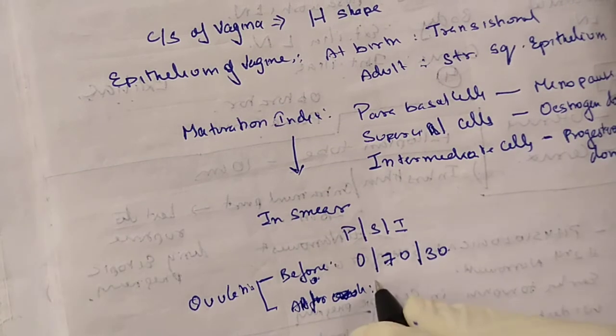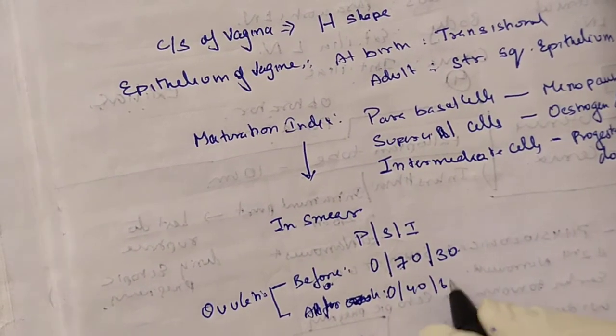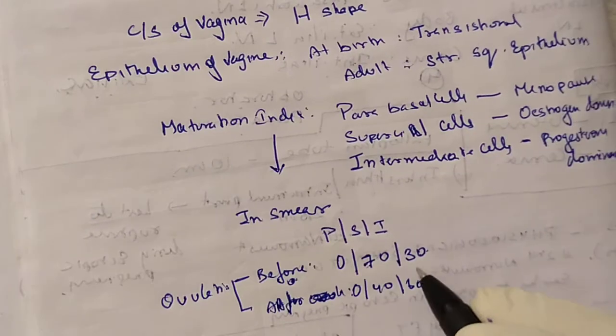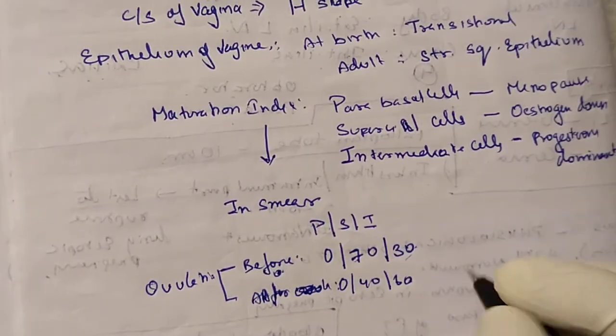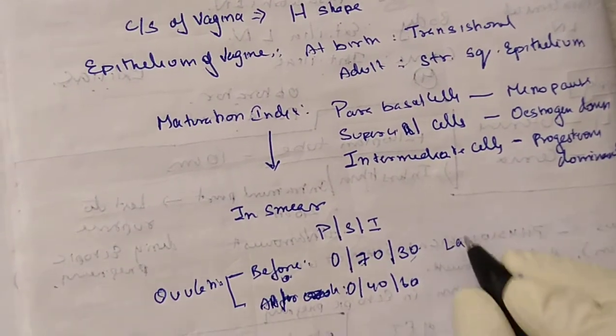So after ovulation it is 0, it is 40, it is 60, because progesterone dominates after ovulation, but before ovulation estrogen dominates. And the smears are taken from lateral fornices.